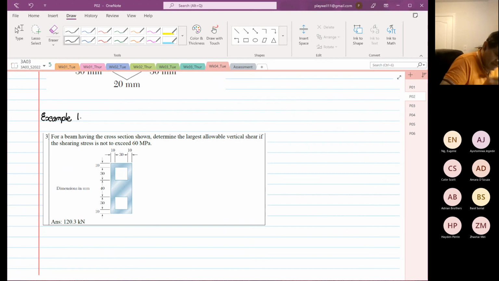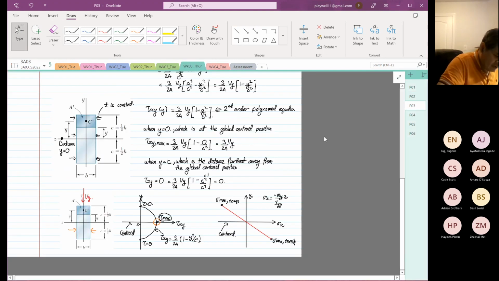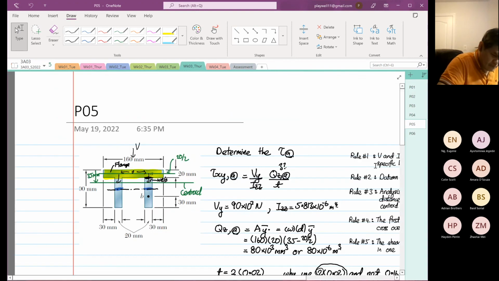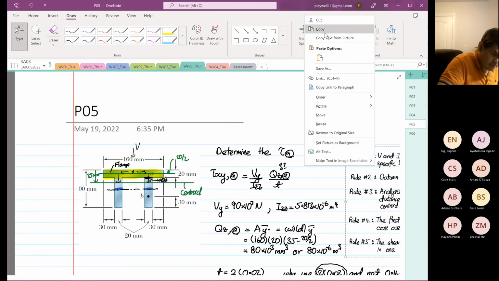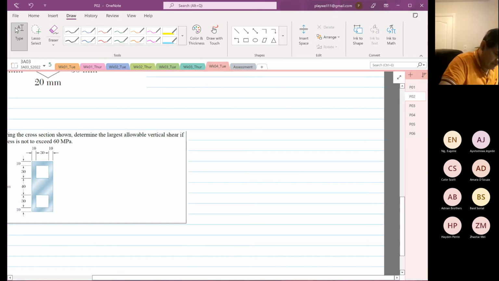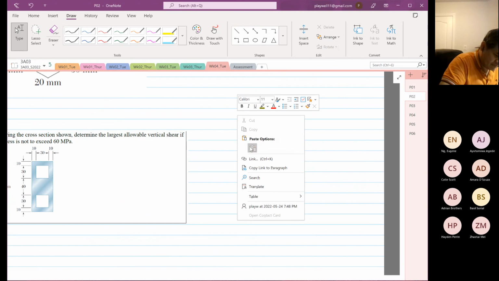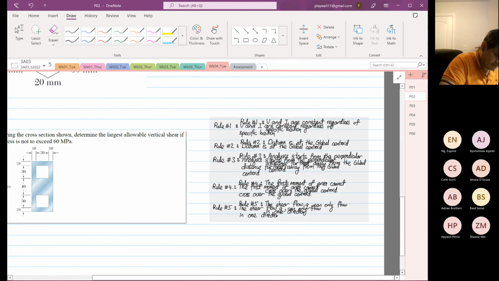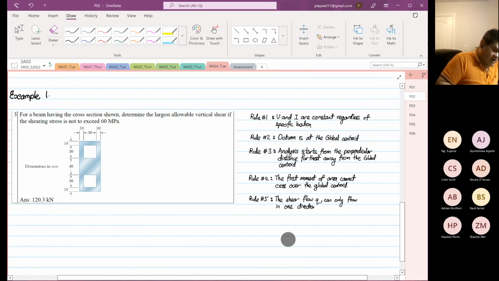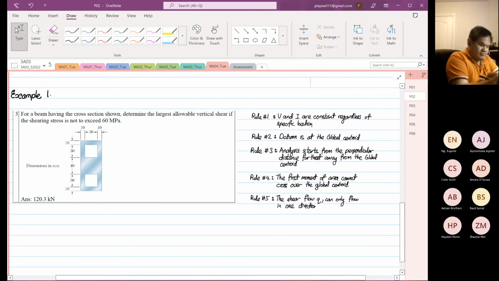What we have is the formula we're going to use, or what I'll do is I will copy the rules that we have compiled last week. I want to show you that when applying all these rules, it's so much easier.